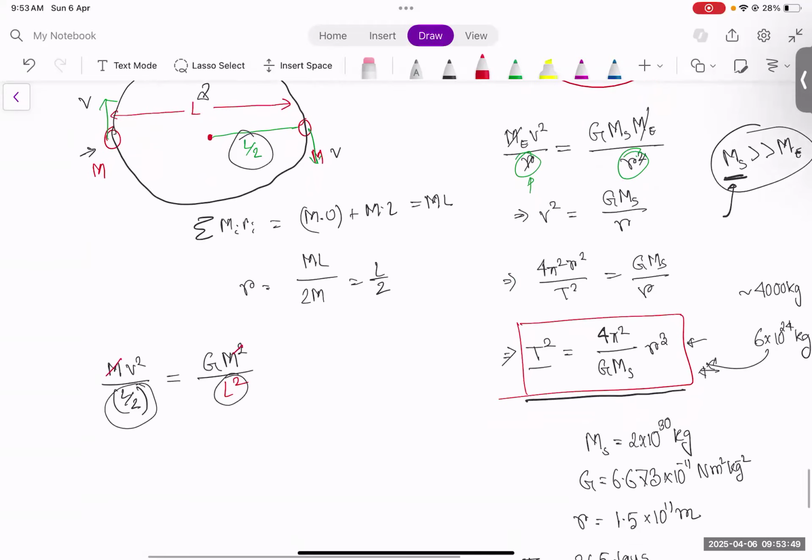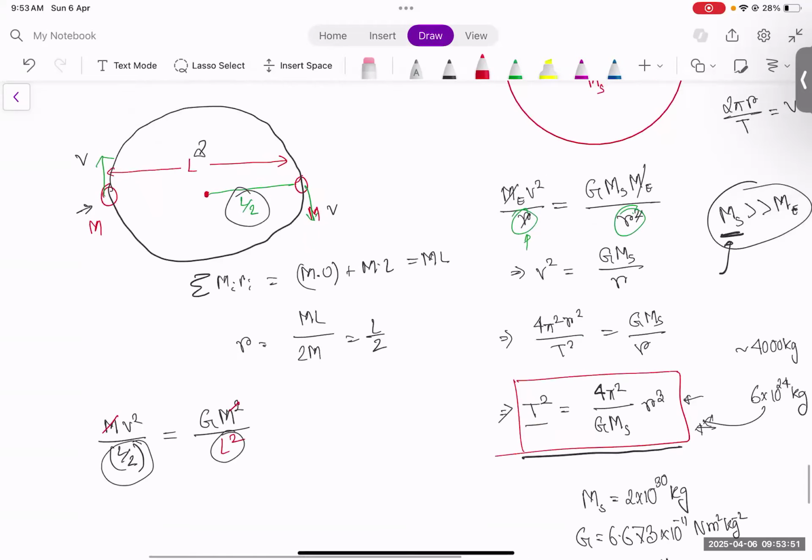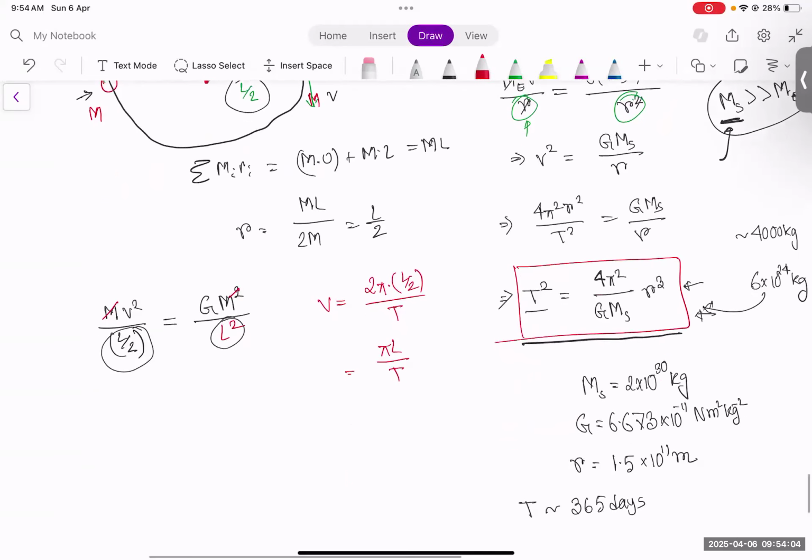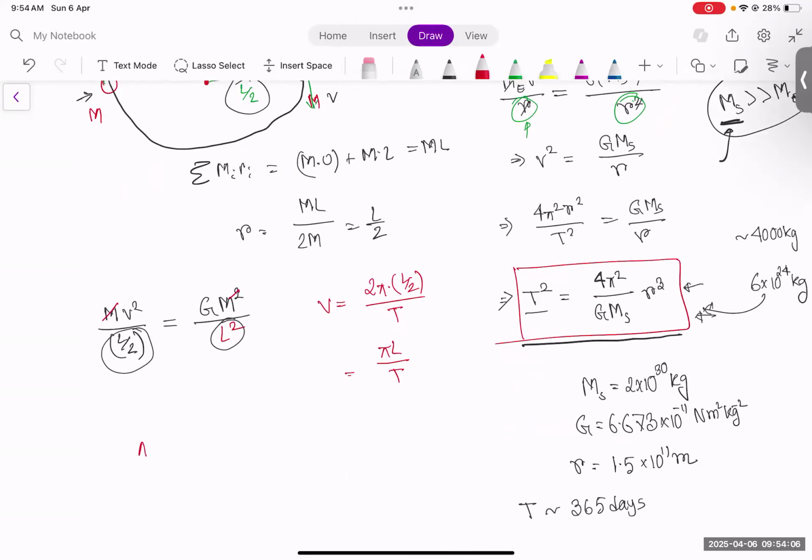If you cancel m and m out, and similarly, what do we write for v? For v you will write 2 pi r, which is L over 2, divided by t. So that gives you pi L over t for v. If you plug everything in, you get pi squared L squared over t squared equal to G m over 2L.